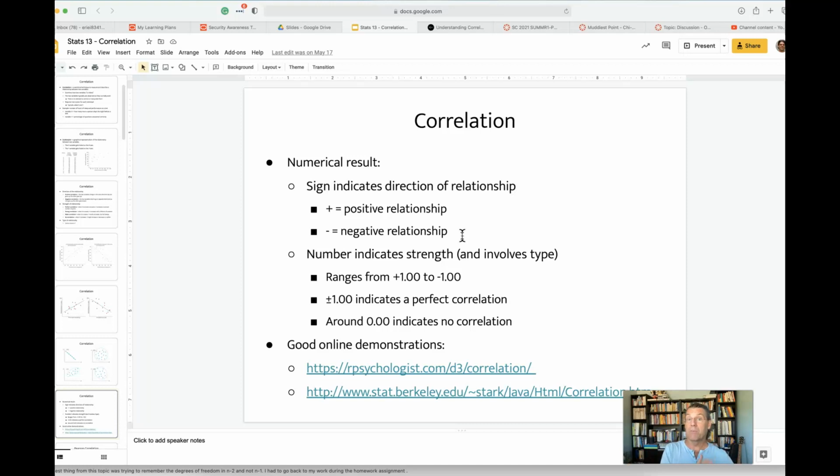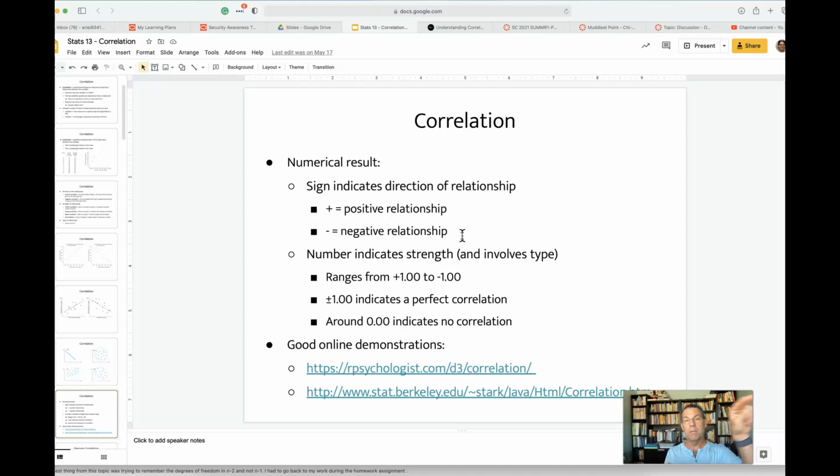Numbers will range from 0 to 1. A 0 correlation means no relationship, that these two variables are not related. So your phone number or your area code or your IQ is not related to your shoe size or your weight or anything like that.